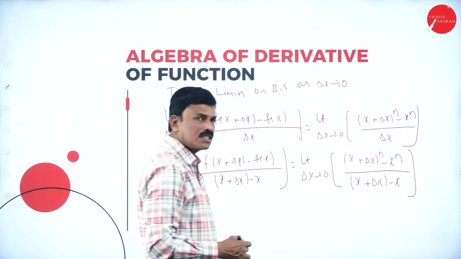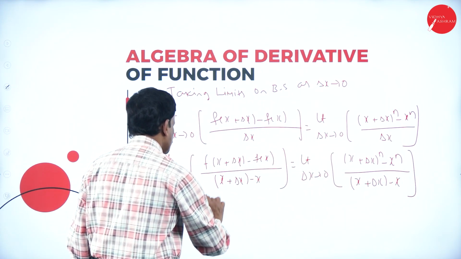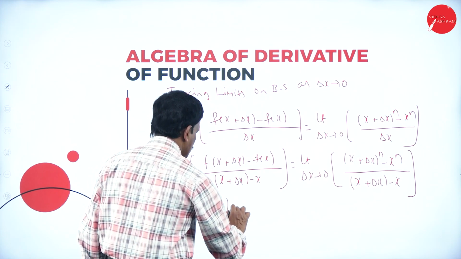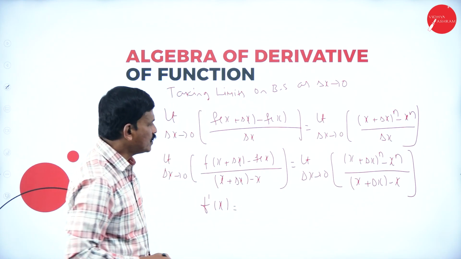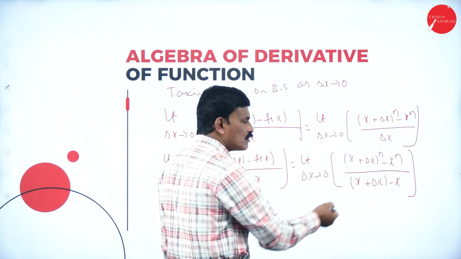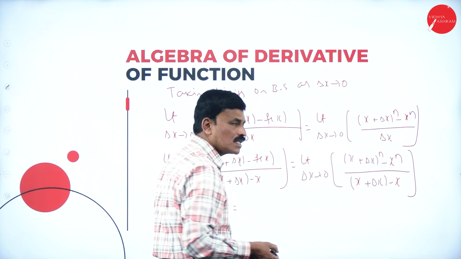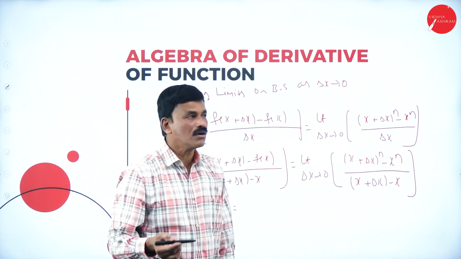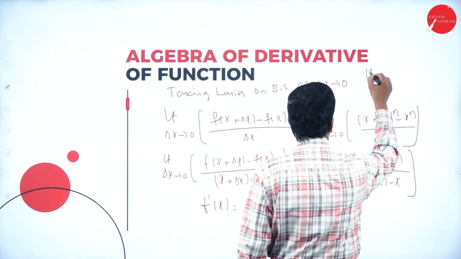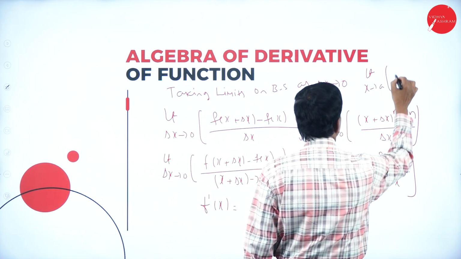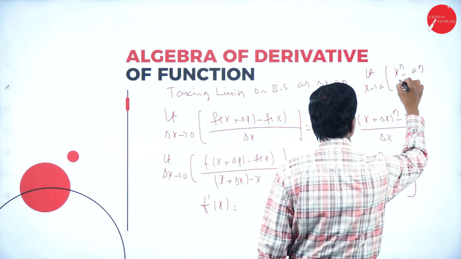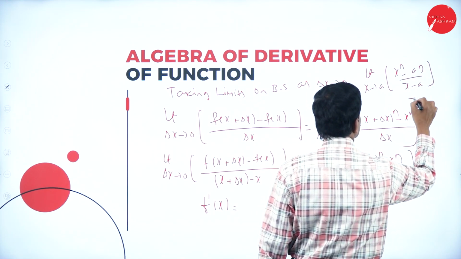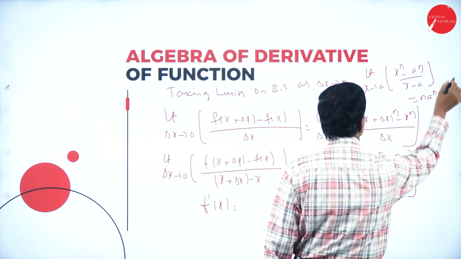Now, if this limit exists, then we are going to represent this as f dash of x. In the previous class we discussed the limit as x tends to a of x raised to n minus a raised to n by x minus a is equal to n a to the power of n minus 1.